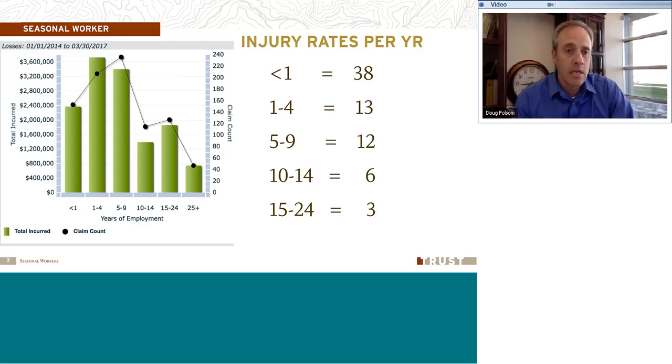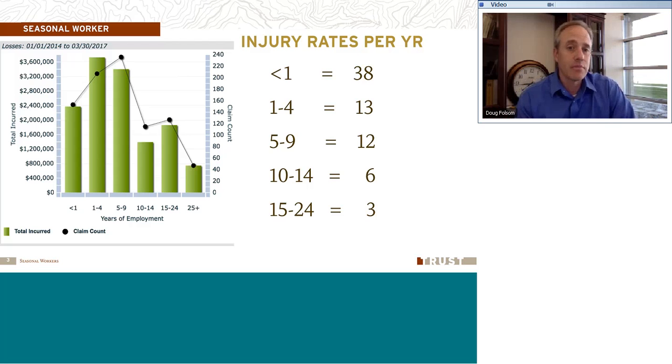In fact, the way that works out is for the trust pool, about 38 of these employees get injured per year in that first year of employment before they even get to an anniversary date. If we then go to the next 4 years, we're looking at 13. So really those employees in that first year of employment are about 3 times as likely to get injured and have a work comp claim as employees from 1 to 9 years.